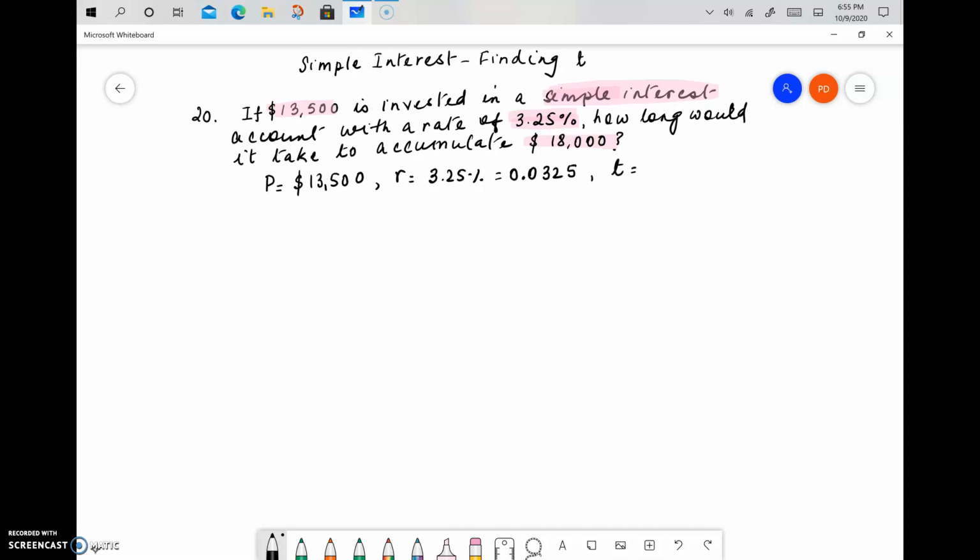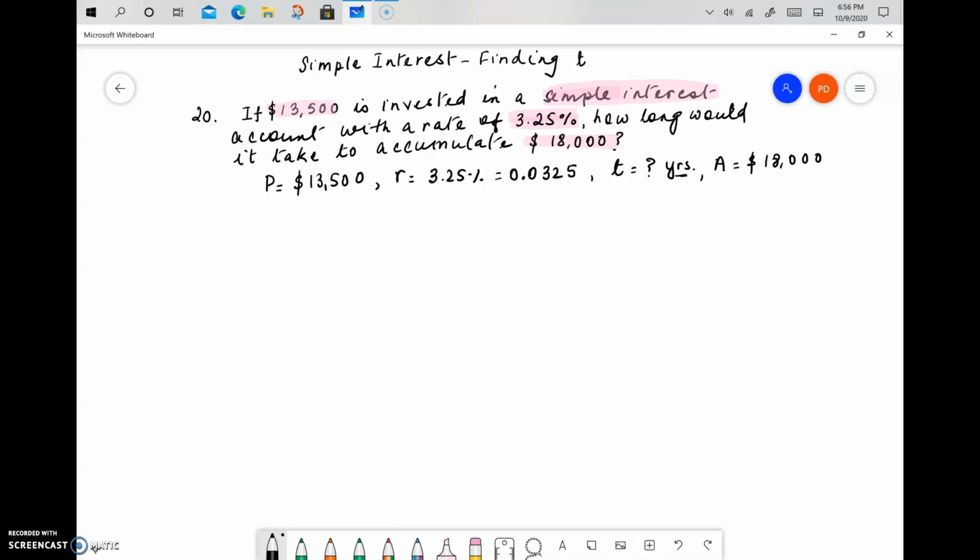Which means what is time t? And the time t is always in years. Your answer will always be in years. To accumulate, which means in future, that's your accumulated amount, your future value of the money, is $18,000. So what's missing is t, the time, and that's what we need to figure out.